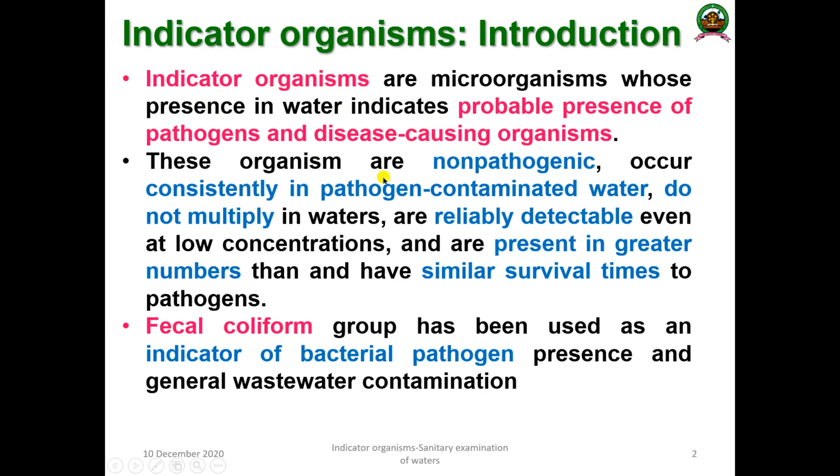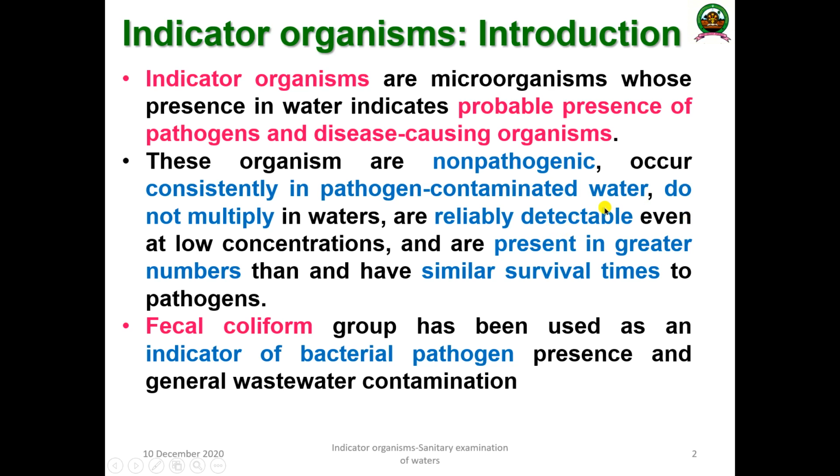This indicator organism should be non-pathogenic, it should not cause any diseases, and it should occur consistently in pathogen contaminated water. Wherever bacterial pathogens are present in the water, this indicator should also be present, and it should be in a position to survive in such kind of water.